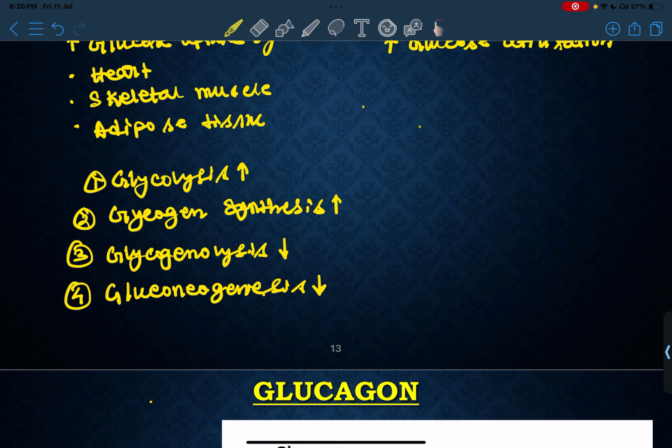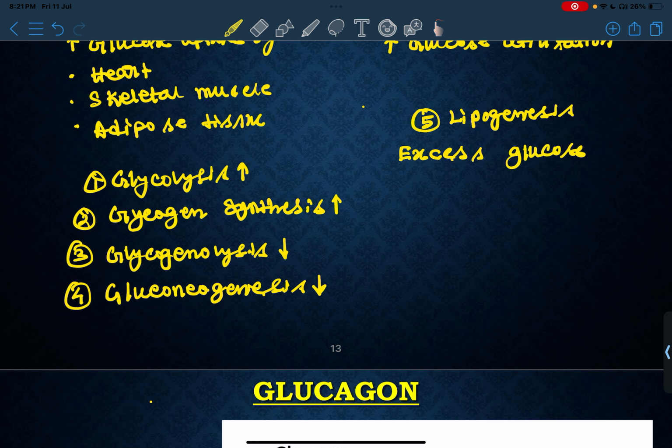Fifthly, lipogenesis. So what is lipogenesis? Let's see, then we will say whether it will decrease or increase. Excess sugar you have taken through diet, like refined sugar, will be stored as fat. How does the process happen in our body?